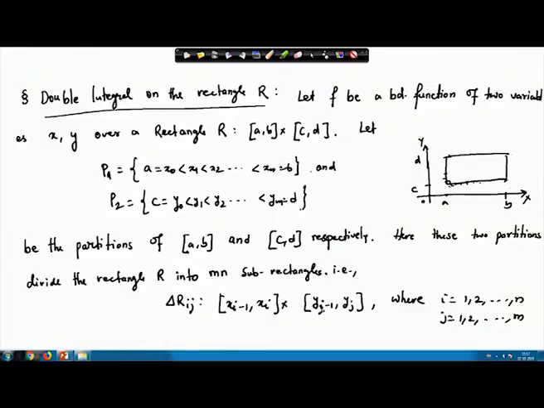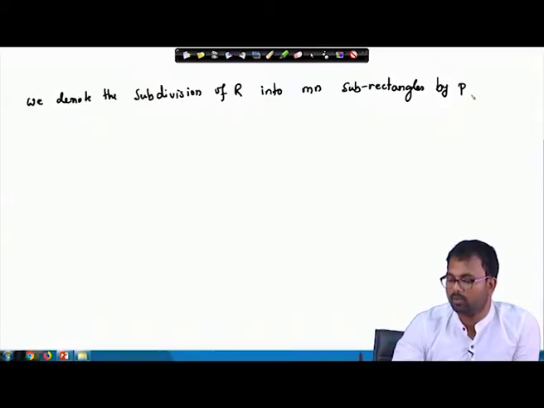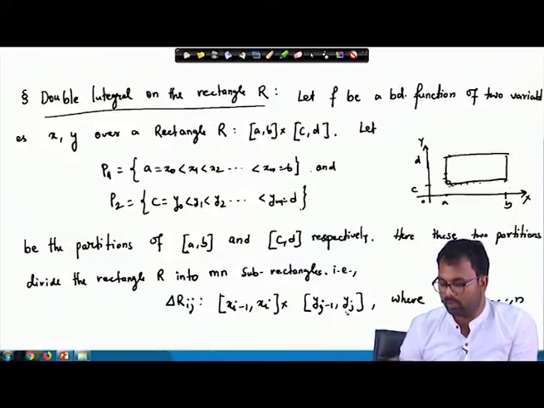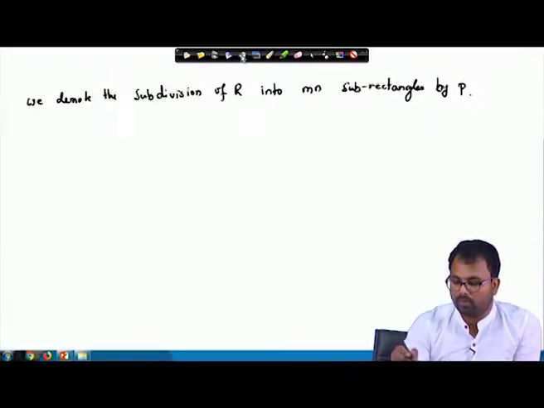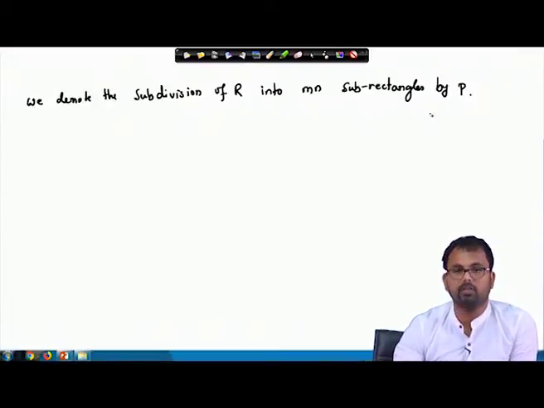Now, since we have defined the partition of that rectangle, we denote the subdivision of R into mn subrectangles by P. So, P is sort of a partition of rectangles basically.